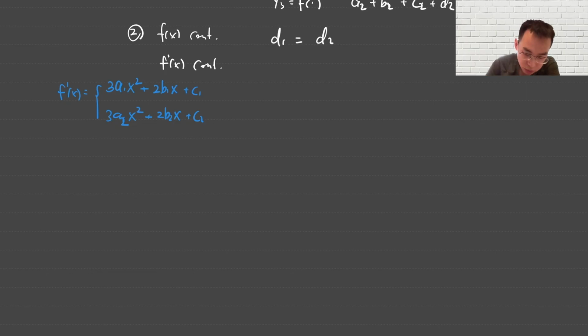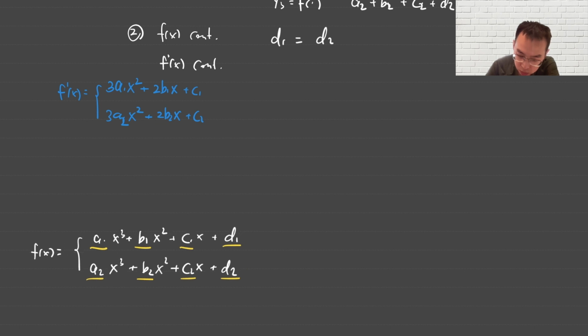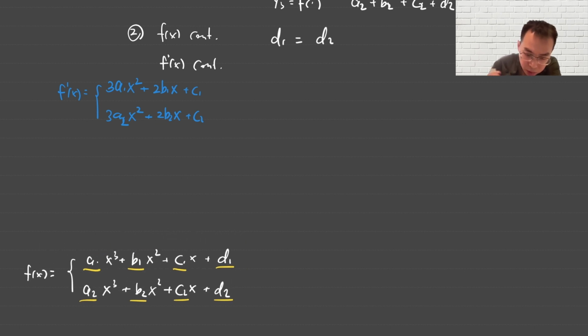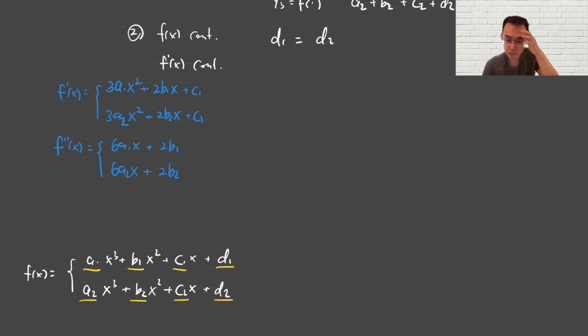Now you can see this clearly. That's the first derivative, and then the second derivative we can use soon. That's going to be 6a1 x plus 2b1, then 6a2 x plus 2b2. So these are the first and second derivatives.